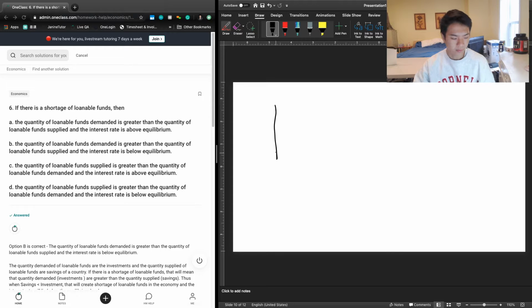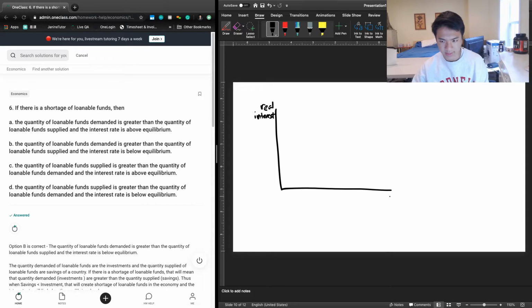And so let's take a look here. Instead of having price here, we have the real interest rate. And over here on the x-axis, we have, instead of quantity of goods, we have quantity of loanable funds. And then everything else is basically the same.